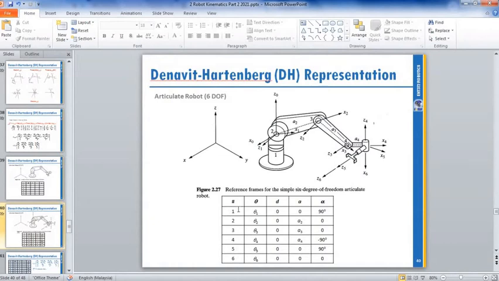Then the second step, you need to multiply this value. This is one rotation matrix, this is one translation matrix. So you need to multiply rotation and translation. So you see how many matrices you need to calculate.